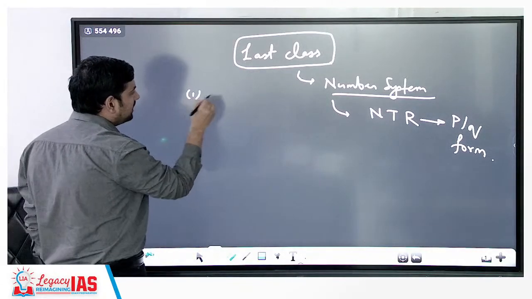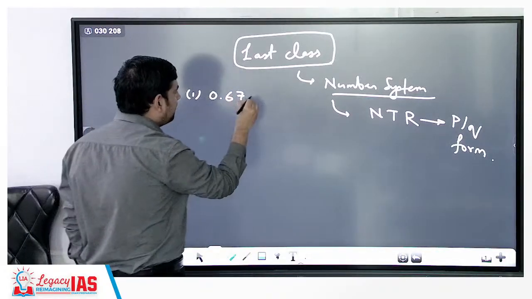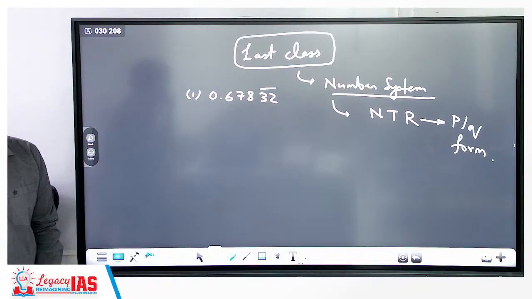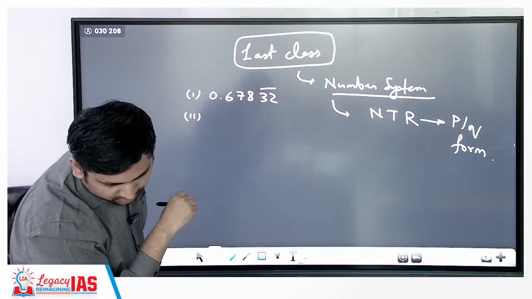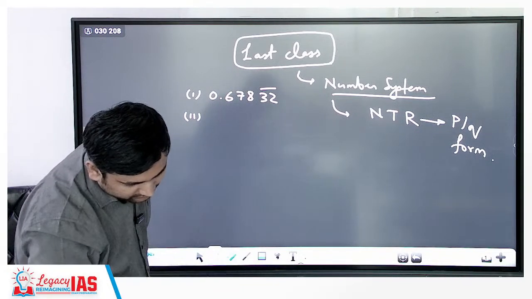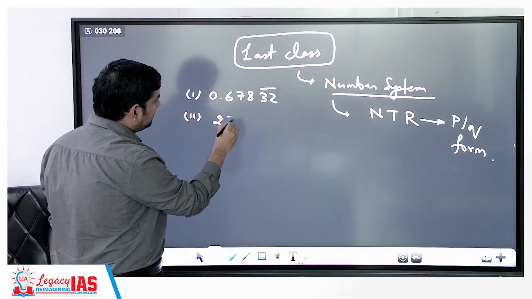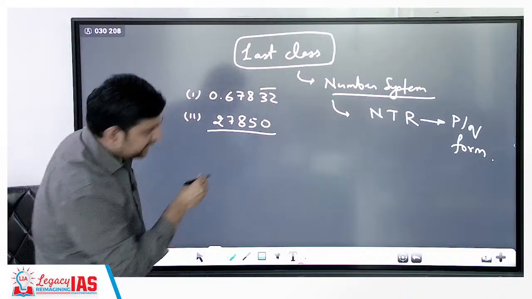See, first one's answer should be 0.67832 bar. Next answer should be 281.31 I gave, no? So this is 27850 by 99.